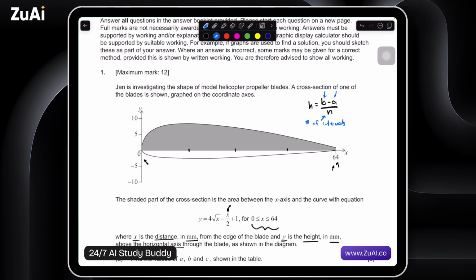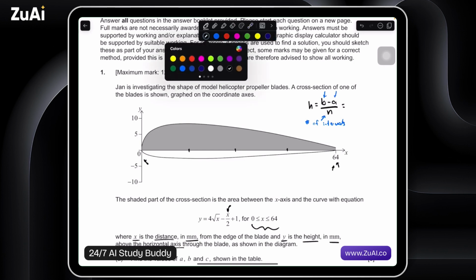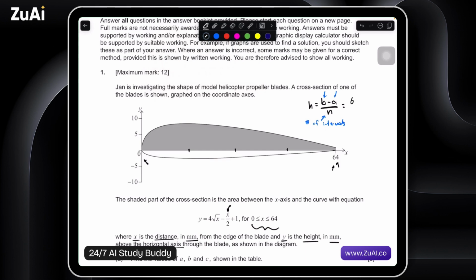It might be easier to think of this just in terms of intuition, as in b is our endpoint, a is our starting point, and just imagine, okay, what's the total distance that we need to travel? Well, if we're going all the way from 0 to 64, we travel a distance of 64, and we want to break that up into 4 equal intervals. So 64 over 4 is 16.